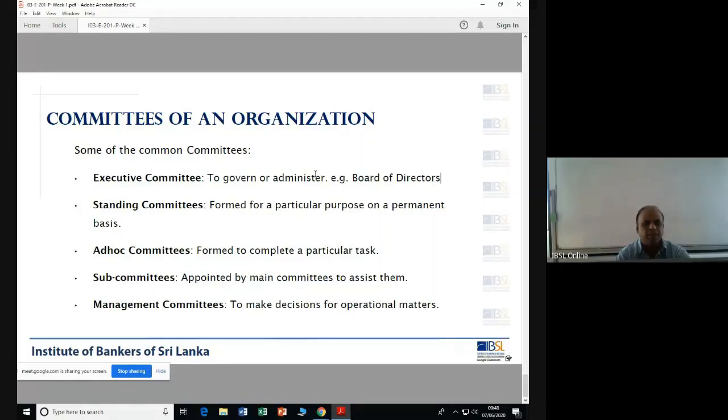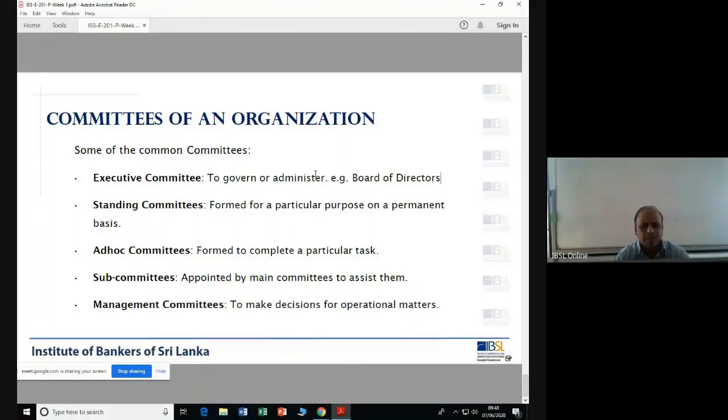Secondly, we will have standing committees. A standing committee is formed for a particular purpose, and might operate on a permanent basis. Say, for example, your credit evaluations, how credit should be performed in the respective organization, in your banks.